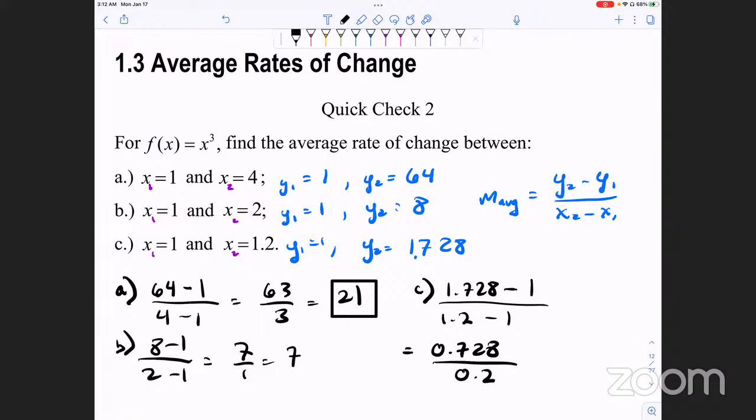We could multiply by 1 in the form of 10 over 10. This would give us 7.28 over 2. I think this will be okay. And then let me think about it. Okay, how many 2's are in 7? 3, which is 6. So that's going to be how many 2's are in 12, or 6?